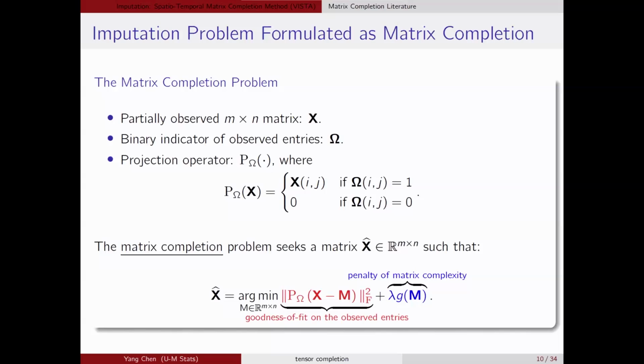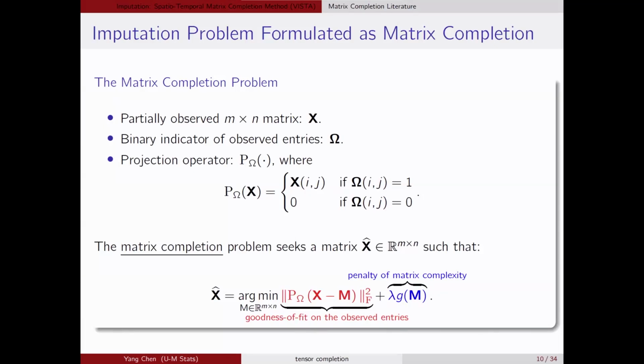So if we denote the partially observed matrix by X and the binary indicator for the observed entry is omega, then the projection operator P omega just maps the observed entries to themselves and maps the unobserved entries to be 0.